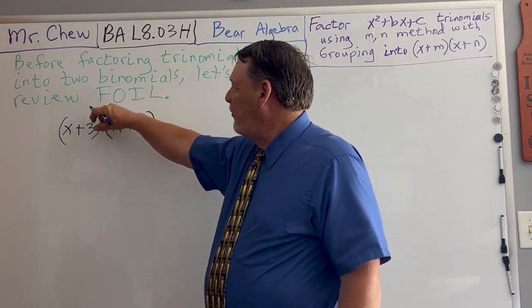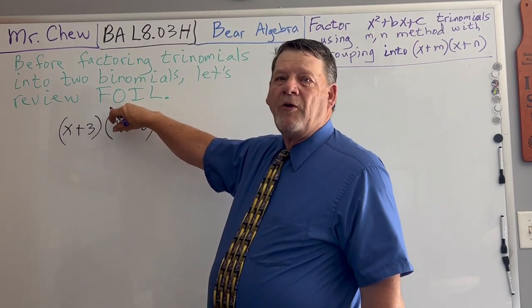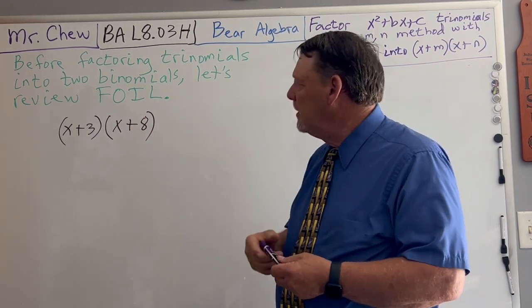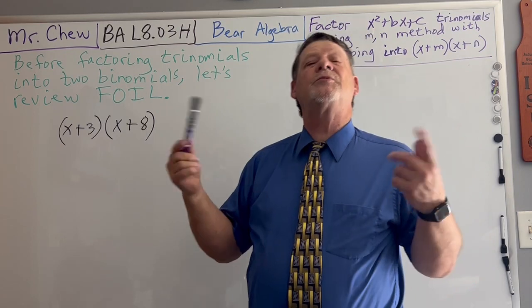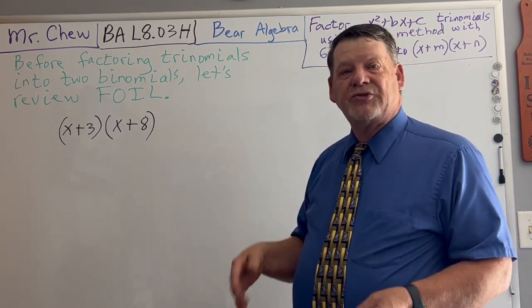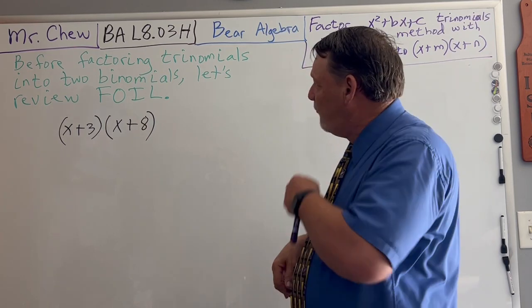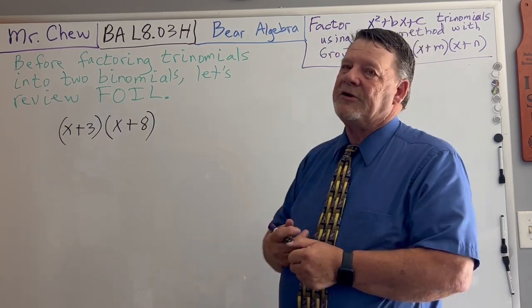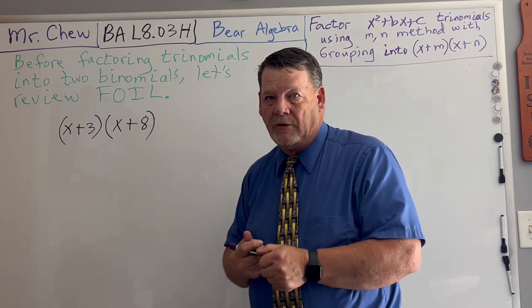The F stood for first, the O for outer, the I for inner, and the L for last. If you need to review these, subscribe to my YouTube channel, and then you'll be able to search my YouTube channel for FOIL or multiplying binomials.